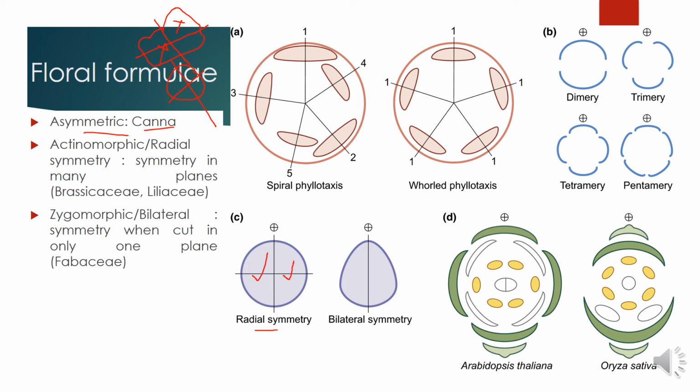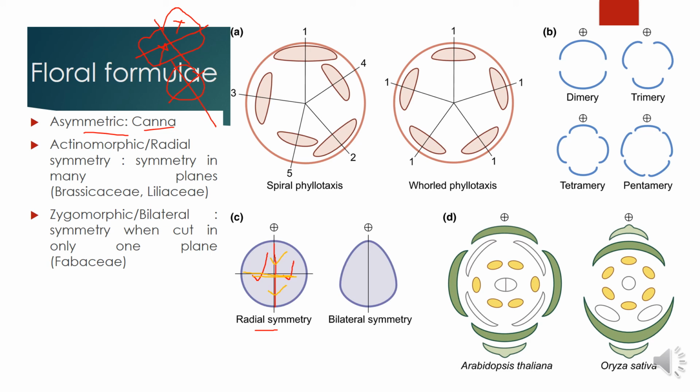If this is the plane of division, then we see two equal symmetrical parts, and if this is the plane of division, then also we see two symmetrical parts. So this type of symmetry, whatever be the plane of division, there is symmetry between the two parts formed by the plane of division.